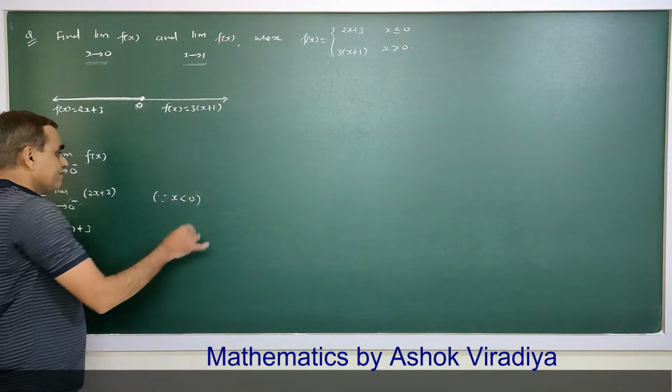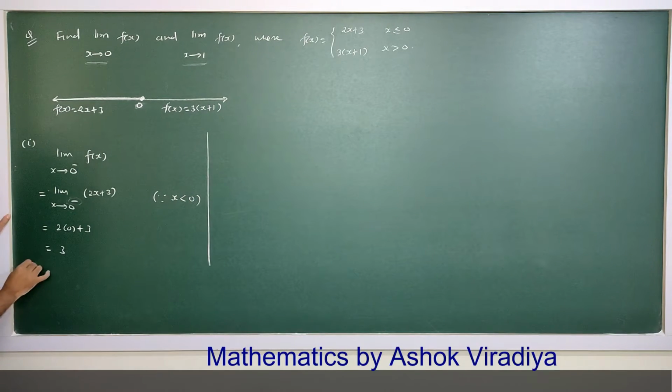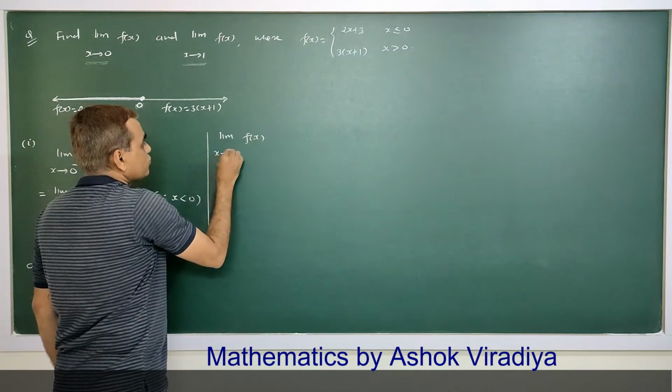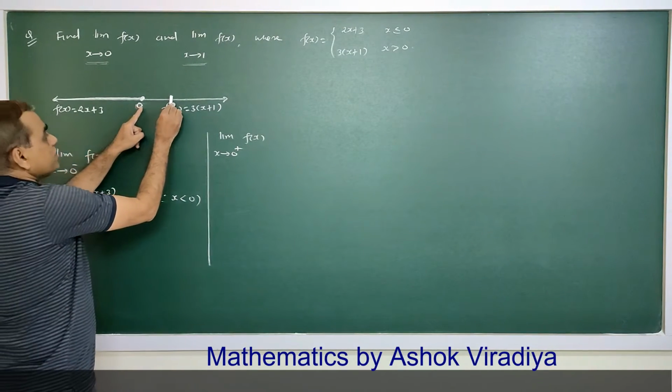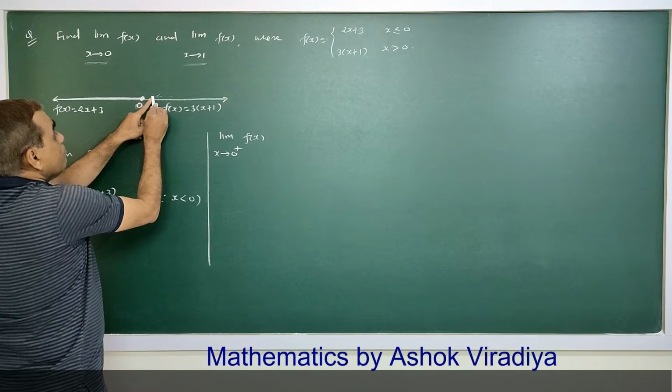Now we are finding the right hand limit. Limit of f(x), x tends to 0 from the right side. If x is coming towards 0 from the right side, that means these values are more than 0.